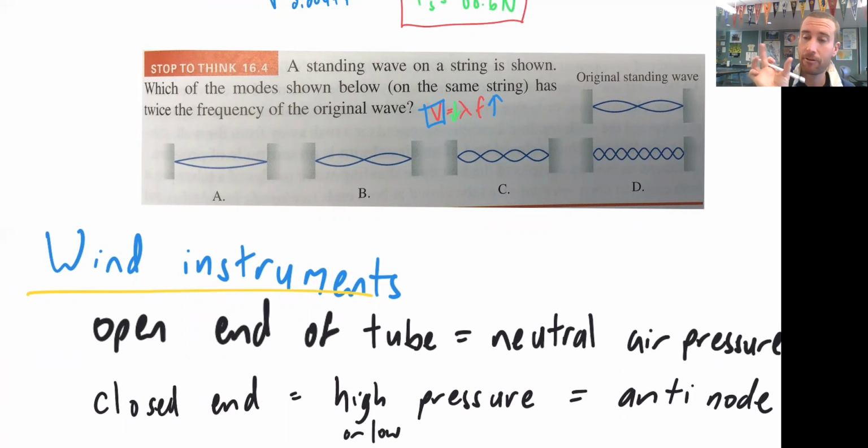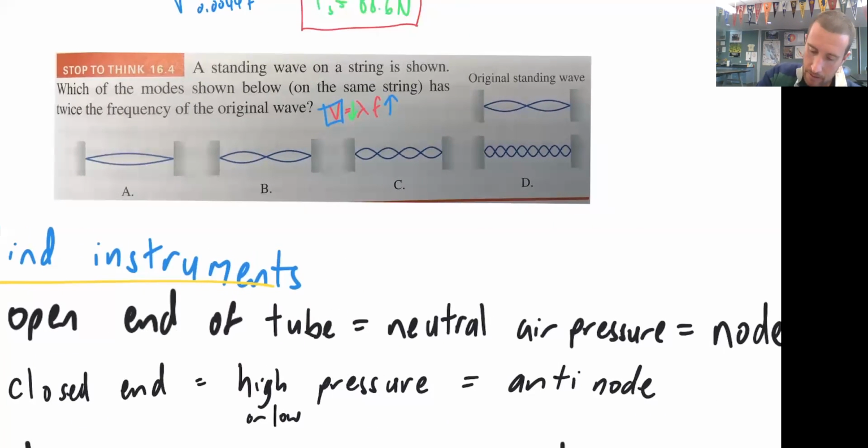So half the wavelength. This one has a wavelength of L, so I need the wavelength to be 1/2 of the total length.